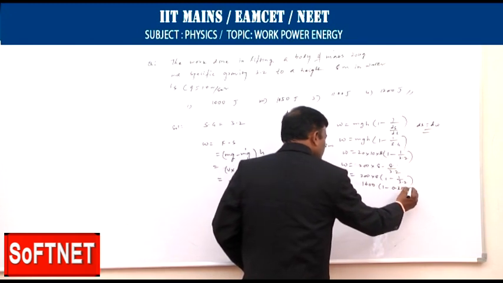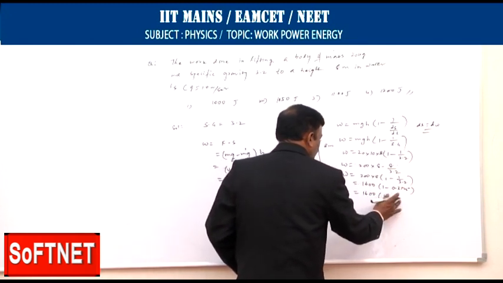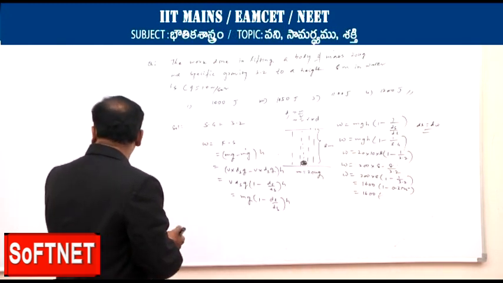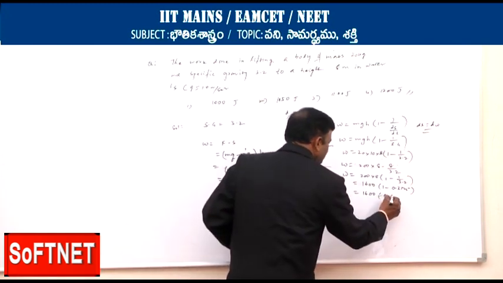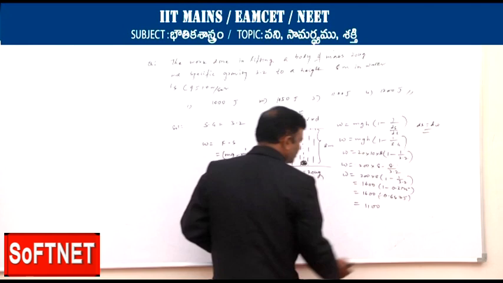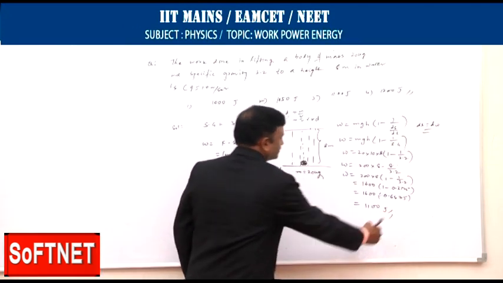That is 1600 into 1 minus 0.3125, which is 0.6875. Multiplying by 1600, we get about 1100 joules of work.